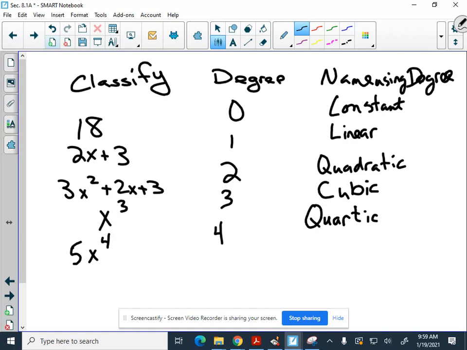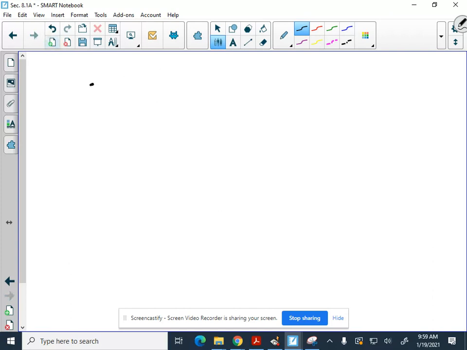Now, what's the difference between this chart and the next chart? Okay, there is a difference. This one was naming it by degree and the name using its degree. When you look at the degree, we have different names. So the next table says we're going to classify by number of terms.